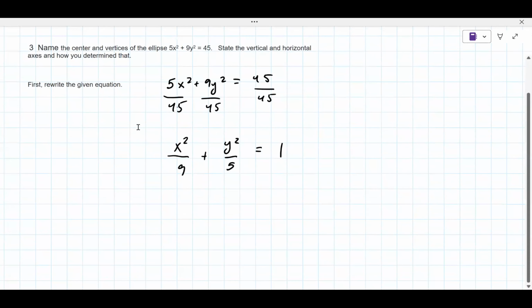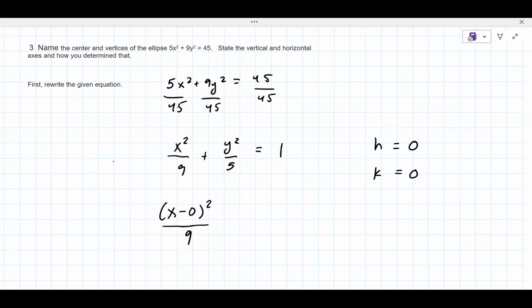All right, and so the h and k values, that's for the center, they are both 0. If you want to know where that comes from, it's from here: x minus 0 squared over 9 plus y minus 0 squared over 5 equals 1.